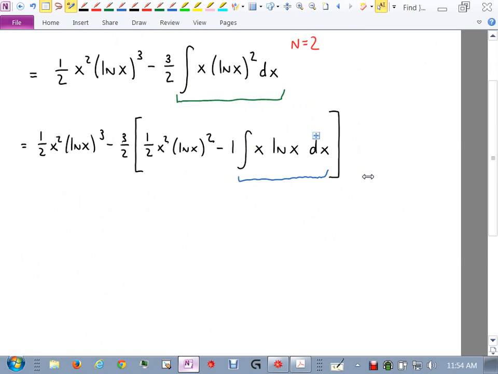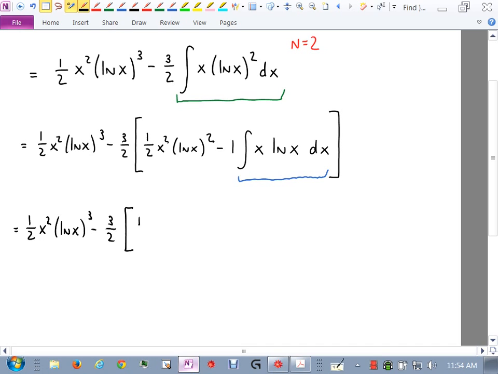So that blue part, I'm going to just keep bringing everything along here. 1/2 x squared natural log x to the third minus 3/2. I'll distribute and do all that in just a second. 1/2 x squared natural log x to the second minus, now this integral is a new bracket. That one becomes 1/2 x squared natural log x to the what?